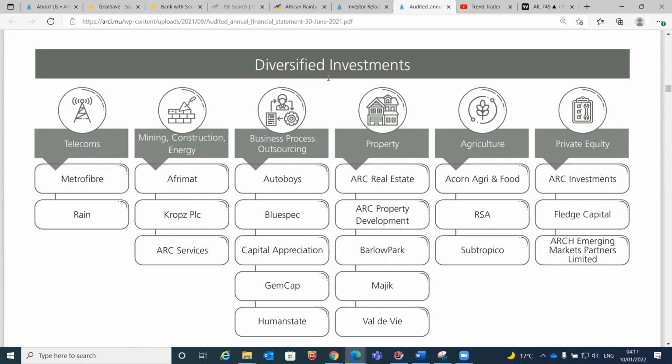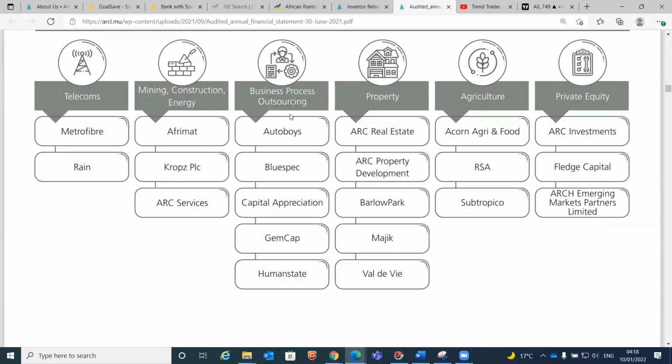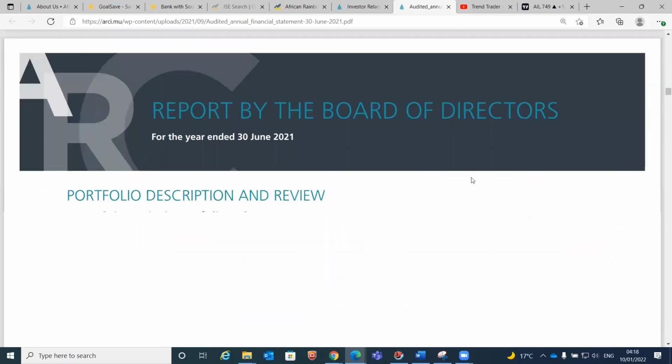But under telecoms, we already know that they are co-owners of F.I.R.E, and then they have F.I.R.E in the mining and construction and other different services.